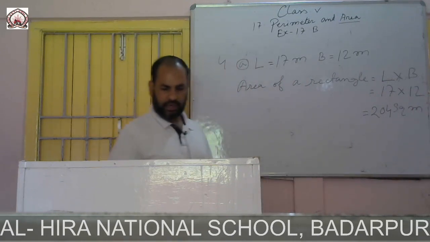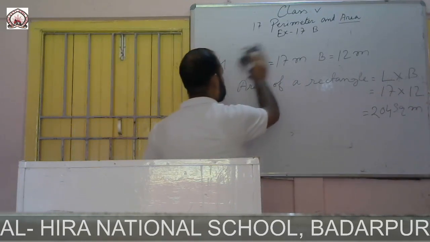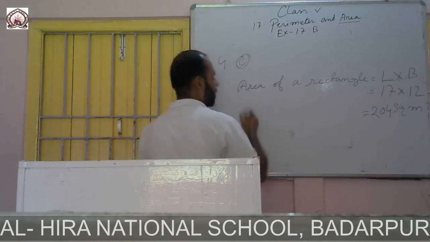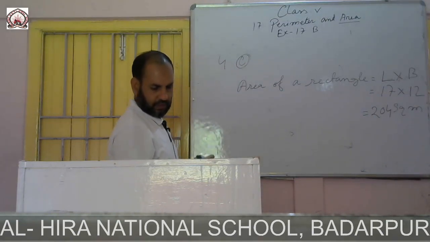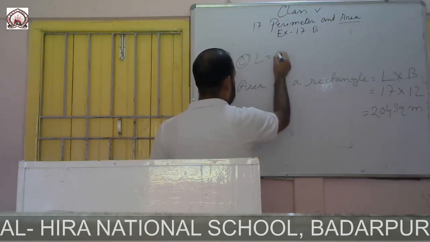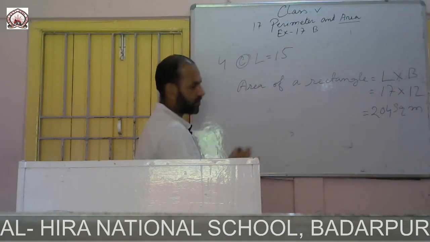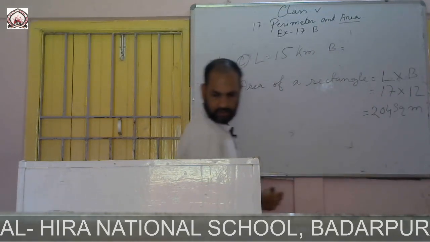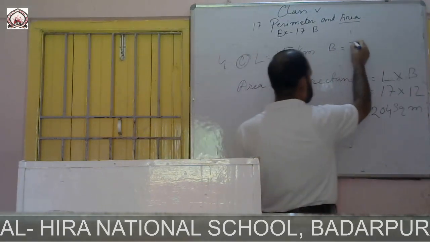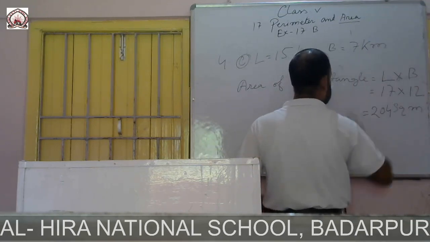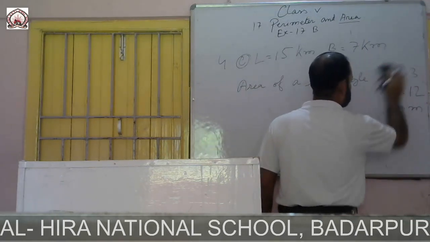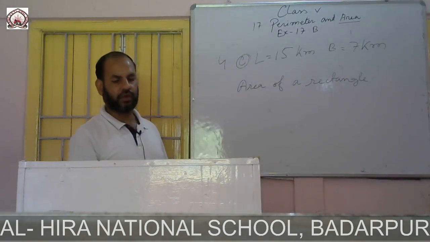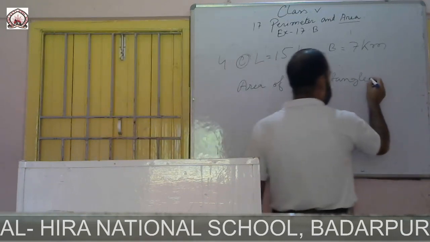Question number 4C. Length equal to 15 kilometer, breadth equal to 7 kilometer. So the area of a rectangle equal to length into breadth.